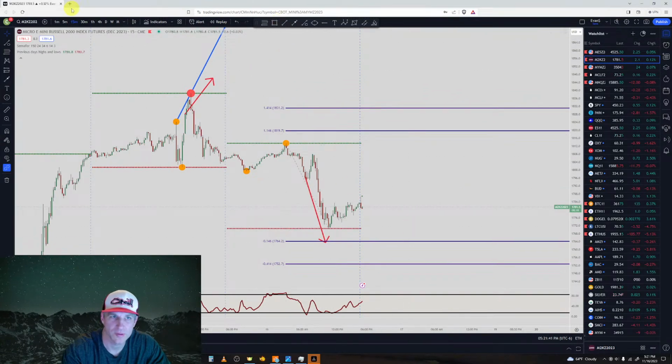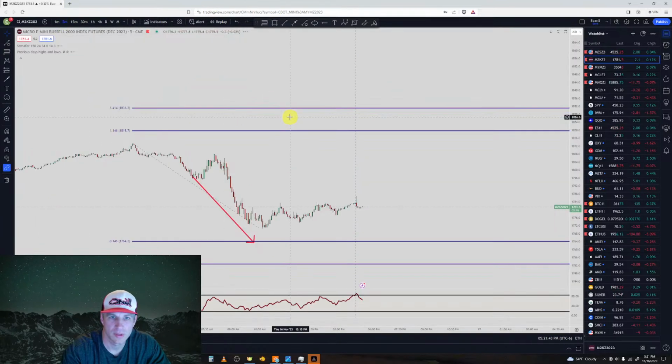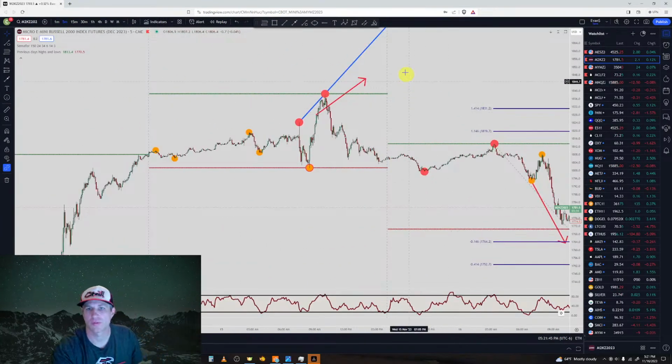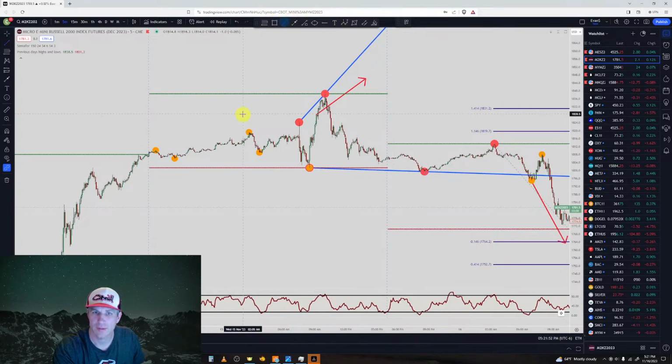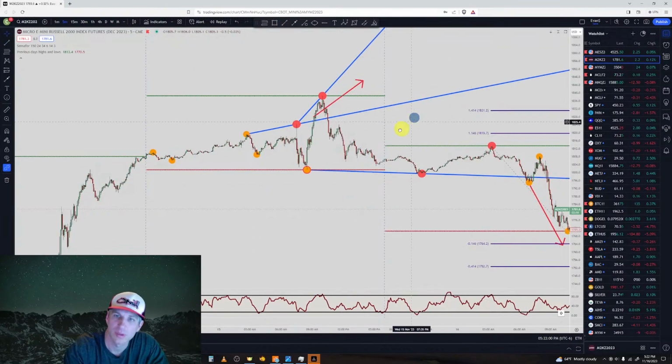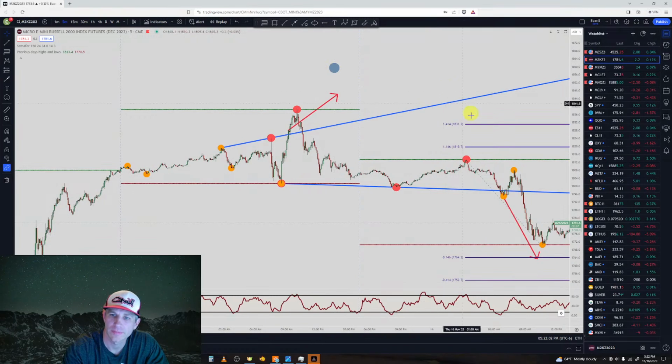But anyways, that's the Russell from what we have going into tomorrow for that one. Put these back on it. That's really, I just need the upper one. I don't need the lower one. I don't need that one either.